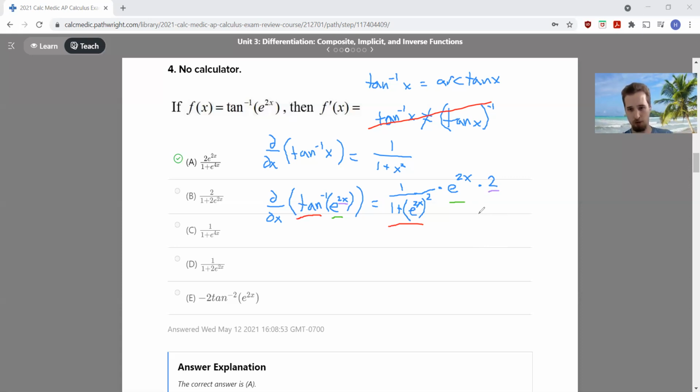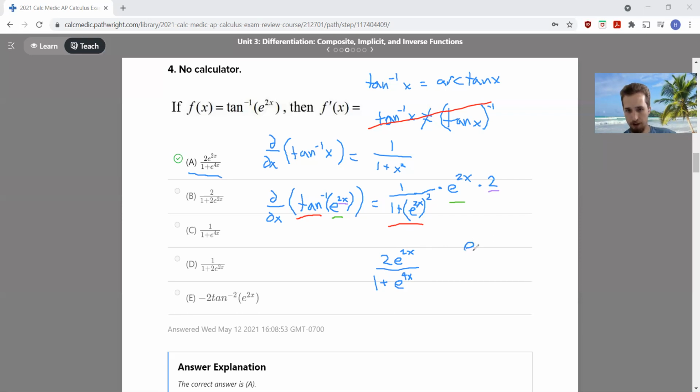The derivative of 2x is just 2. So from here, you just simplify, and so you get 2 e to the 2x all over 1 plus e to the 2x squared. Well, exponent rules: if you get an exponent to an exponent power, you can just multiply them together. So 2x times 2 is 4x. And so that's how we get this.